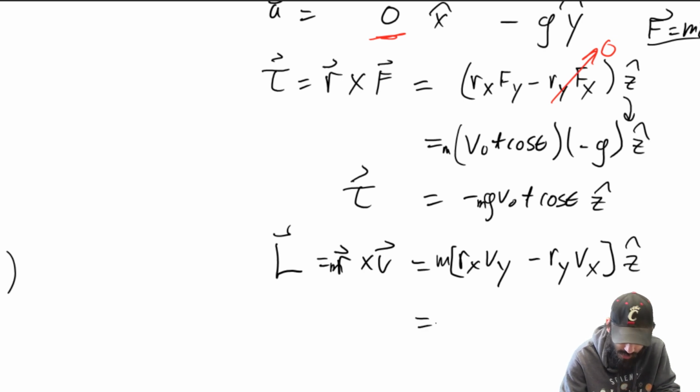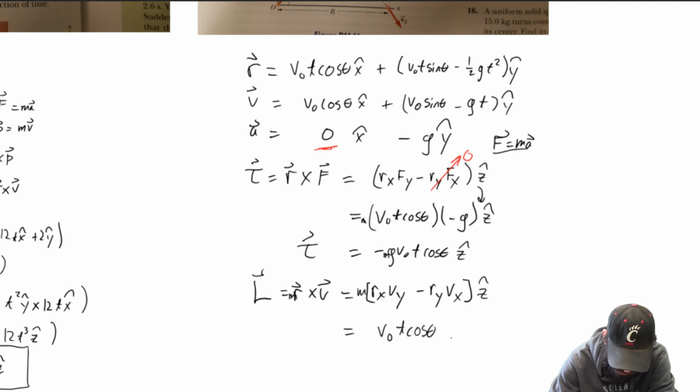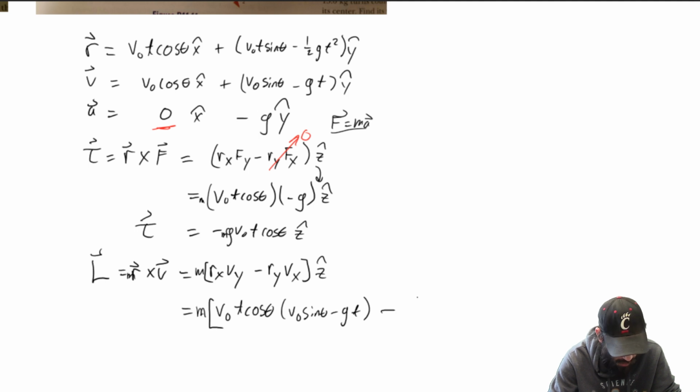So this we can read off from here kind of the same way we did the last one. This is going to be v0t cosine of theta times v0 sine of theta minus gt, and then mass times this whole thing, minus ry, which is going to be v0t sine of theta minus 1/2 gt squared times vx.